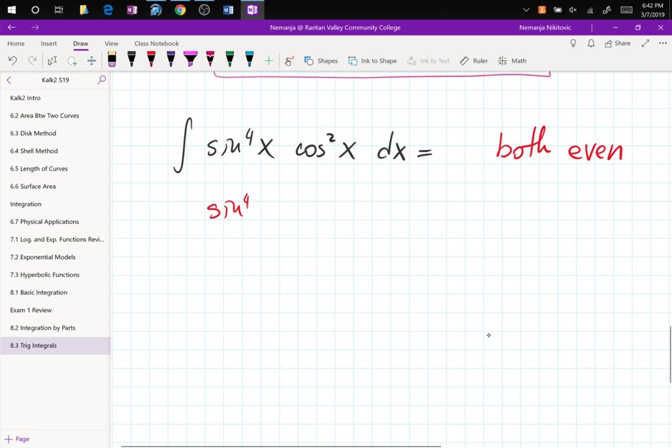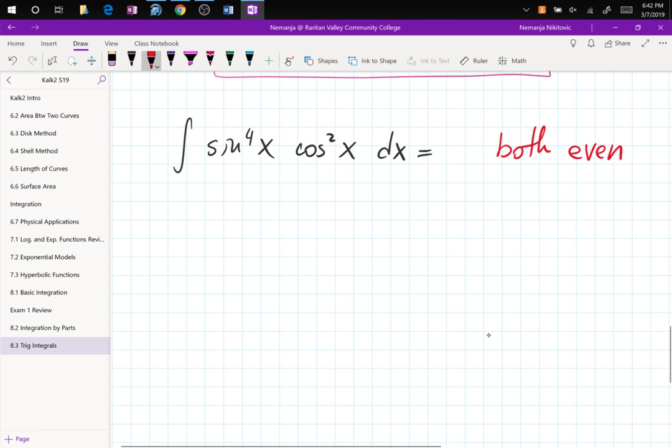So what should I do now? Turn the sine to the 4x into sine squared squared and then convert those. How about we convert the cosine? Convert the cosine using 1 minus sine, and then we're going to have sines across the board. Now that still means that you can't use u sub. But what can you use?